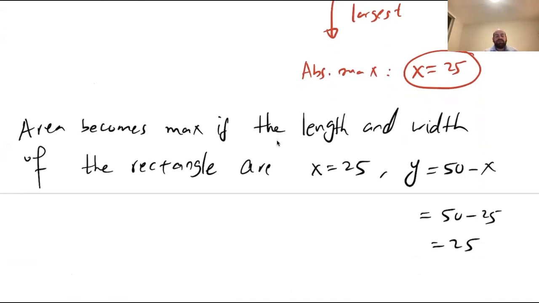Area of the rectangle becomes maximum if x and y are both 25. But what type of rectangle is it then? A rectangle whose x and y values are the same is a square.